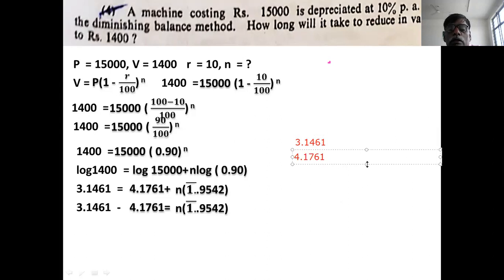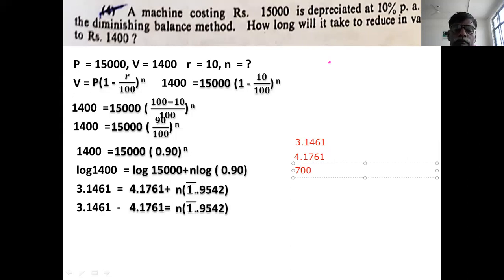If you deduct it, what is the answer? 1 minus 1, 0. 6 minus 6, 0. 4 minus 7, not possible. So 14 minus 7 is 7.